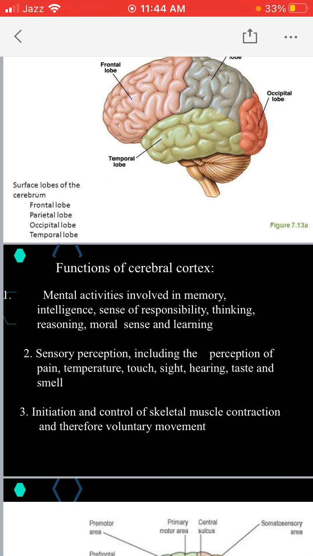So the sensory perception of pain, temperature, touch, sight, hearing, taste and smell, all the somatic sensations as well as the special sensations occur over here in the cerebral cortex. So it is also a very important function of the cerebral cortex to perceive all the sensations.